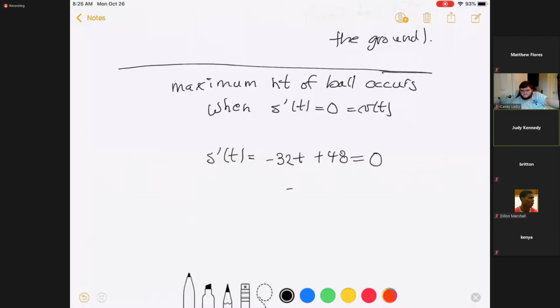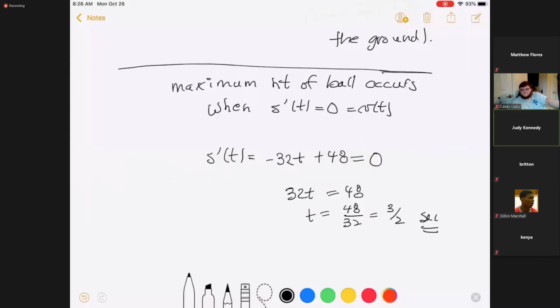That says 32t is 48. T is 48 over 32, and that's 3 over 2, because 16 times 3 is 48 and 16 times 2 is 32. So t equals 3/2 second.